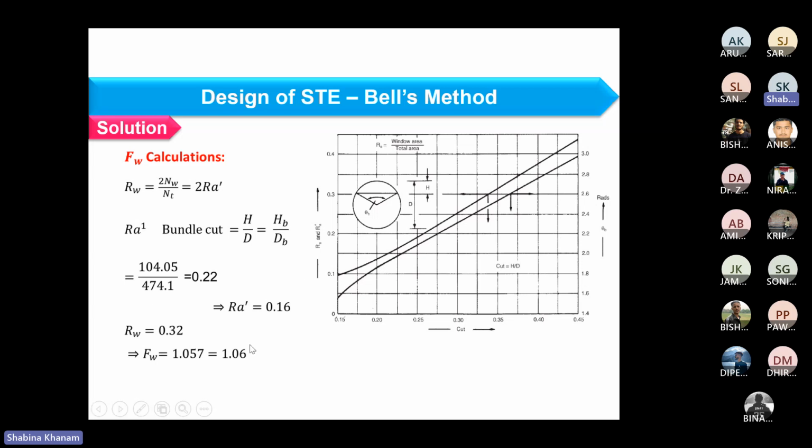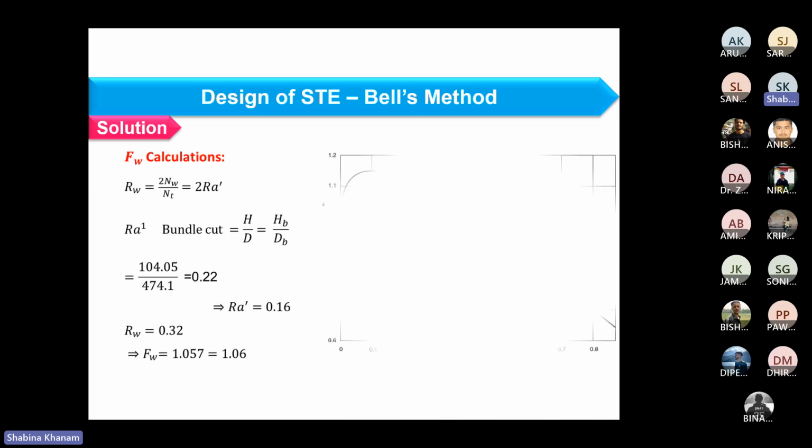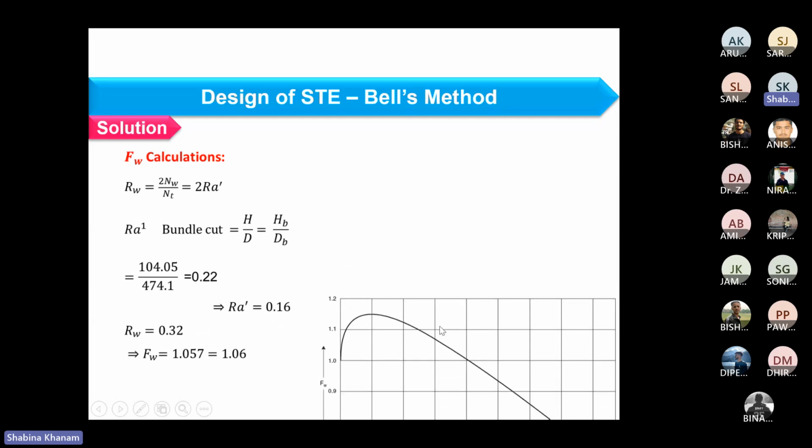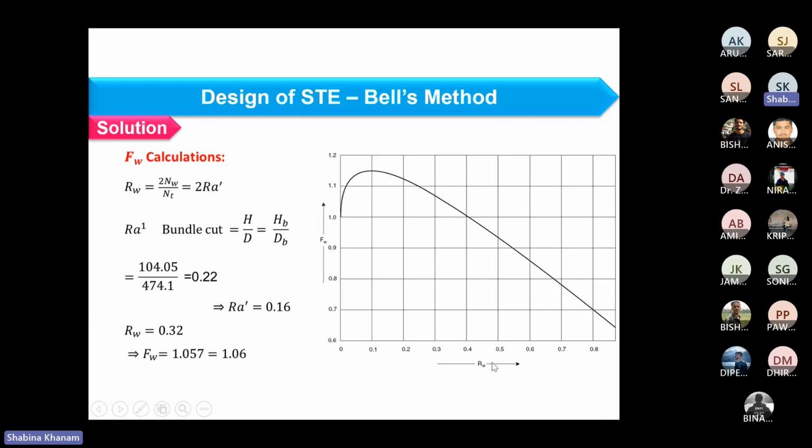So once I have this RA prime, we can calculate RW, just twice of that. And once I have this RW, we can find FW using this graph where RW 0.32 is given. Somewhere you can find the value. So it is coming as 1.06. So depending upon this RW, FW you can find.